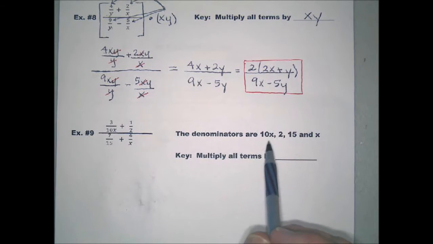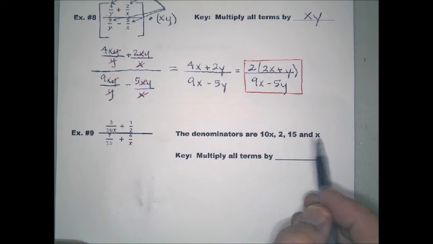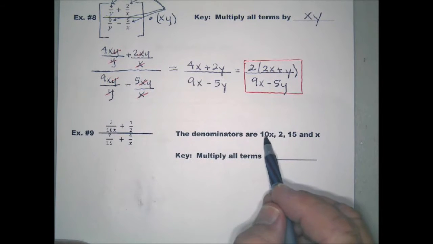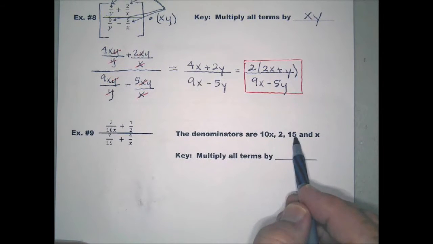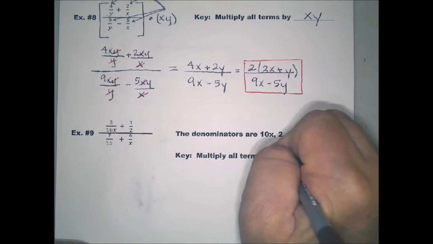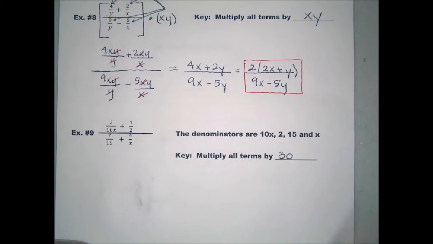So what would be the least common multiple or the lowest common denominator of all these denominators? Well, with 10 and 2 and 15, the first common multiple is the number 30.